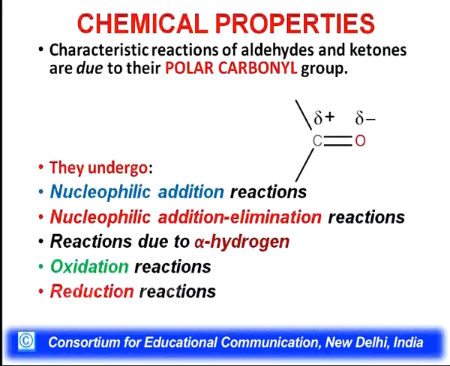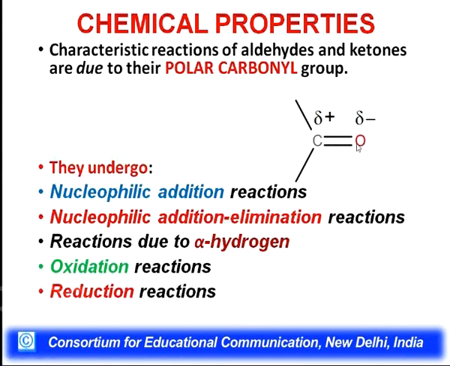In aldehydes and ketones, the functional group is the carbonyl group. Since it has a carbonyl group, it can undergo addition reactions. That is, we have a C double bond O here, so the characteristic reactions of aldehydes and ketones because of the carbonyl group are going to be addition reactions. Now the question arises, what kind of addition reactions?